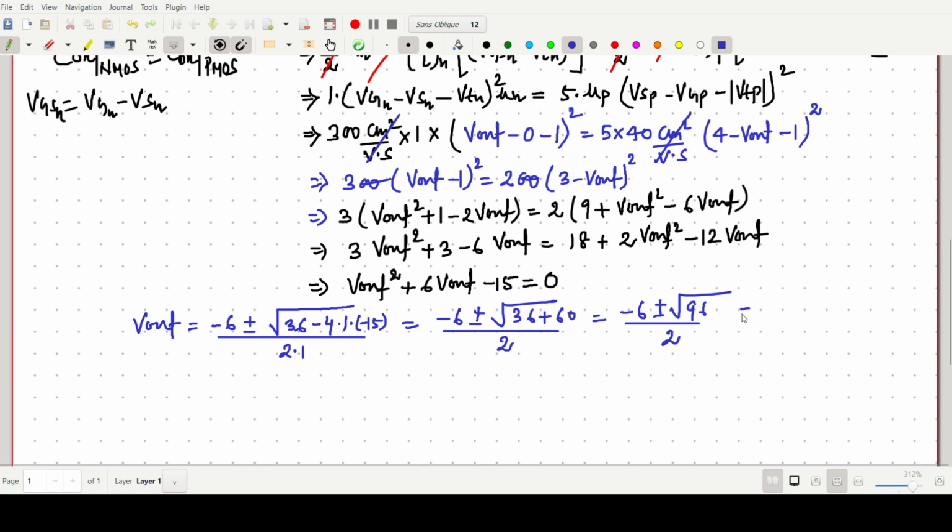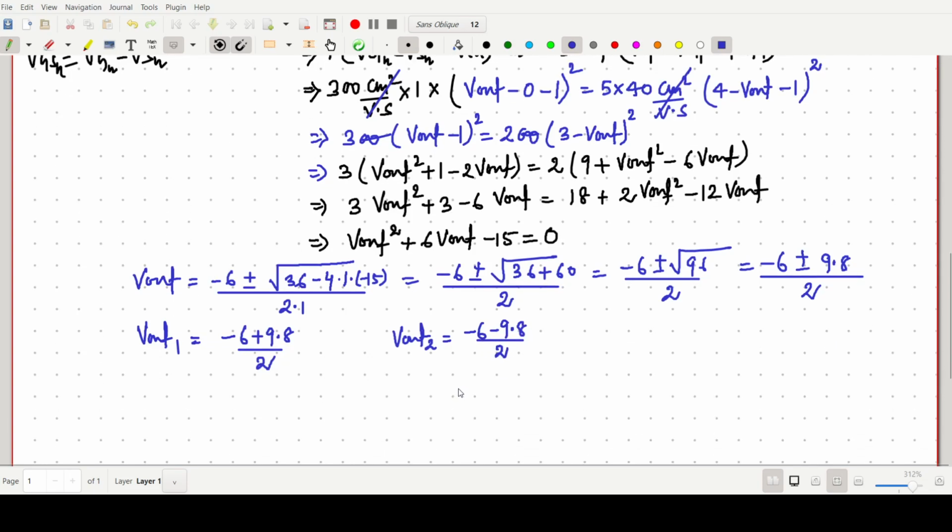So okay, if we solve this one, root over 96 is nearly equal to 10, or it is approximately 9.8, by 2. So for V output 1, one can write minus 6 plus 9.8 by 2, and the other value, V output 2, because there are two roots, is minus 6 minus 9.8 by 2.